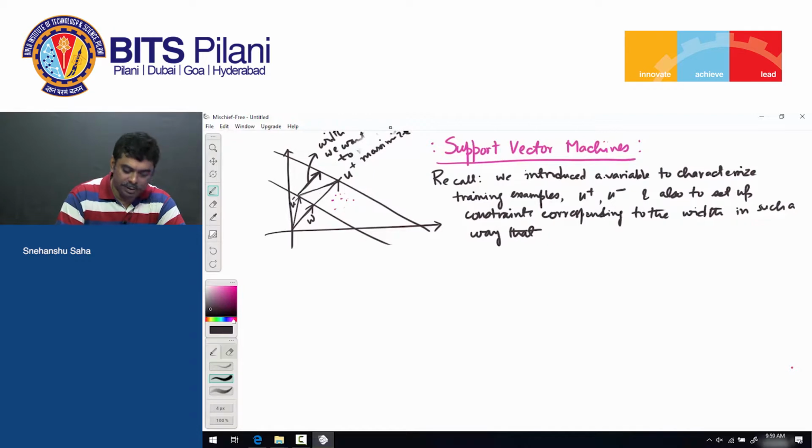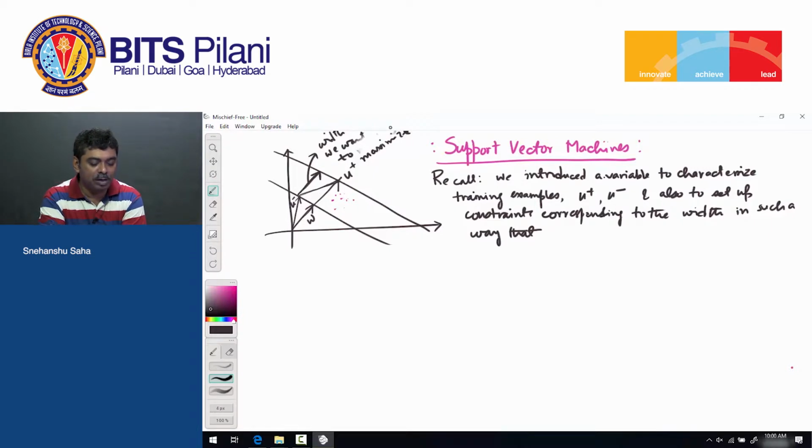So you figure out that condition. The characteristic variable was yi, with yi plus corresponding to +1 for positive training examples, and yi minus corresponding to -1 for negative training examples.